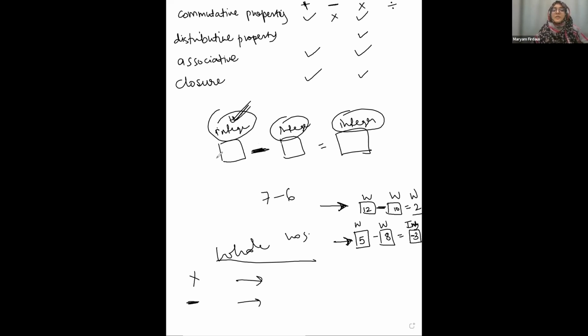Why? Because you take any two integers, let's take the same example over here. You take 5 minus 8, that will give you negative 3, but that is again an integer itself, right? So that's why it will hold. I hope I cleared a concept for you.